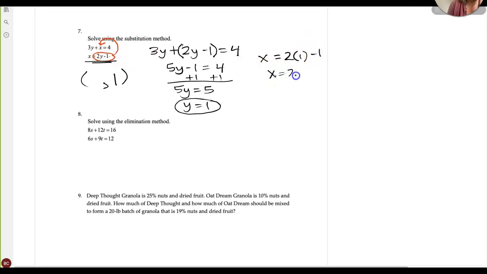So x equals 2 minus 1. So x equals 1 on this one. So our ordered pair, the point in which these two lines cross each other, that solution is the point 1 comma negative 1, or sorry, 1 comma 1. They're both 1s on that one. Okay, questions on that?